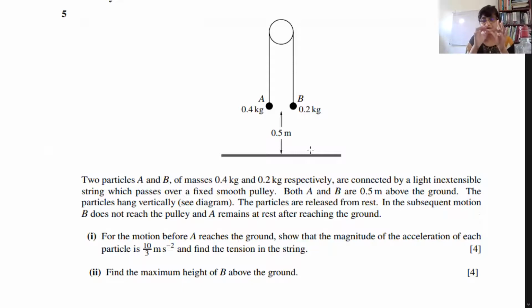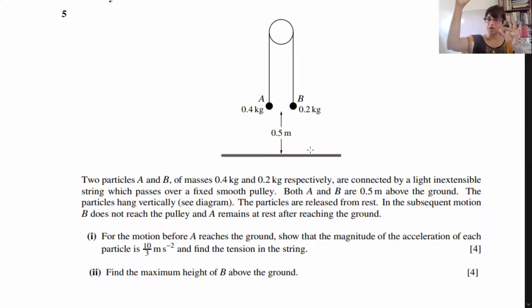Up to the point A hits the ground, during that time, how far has B moved upwards? 0.5. Very good. A goes 0.5 down, B goes 0.5 up.